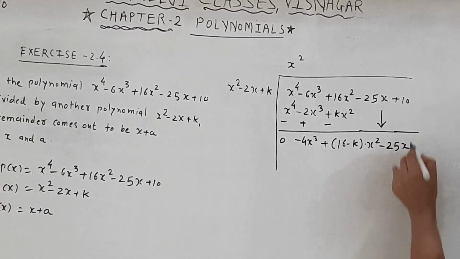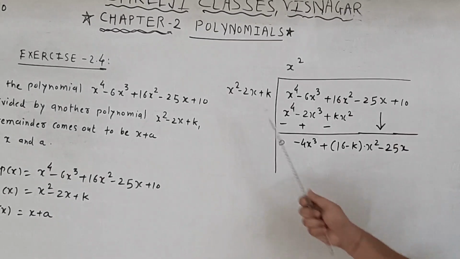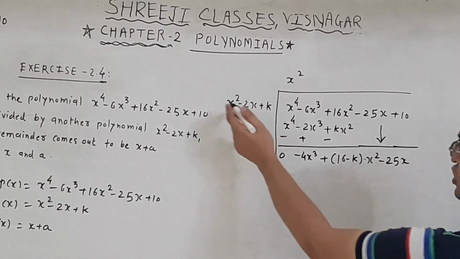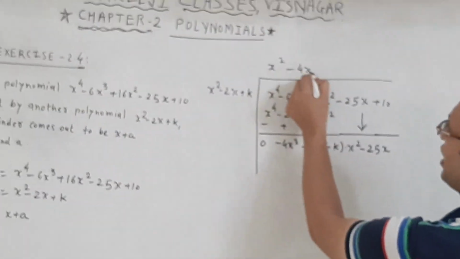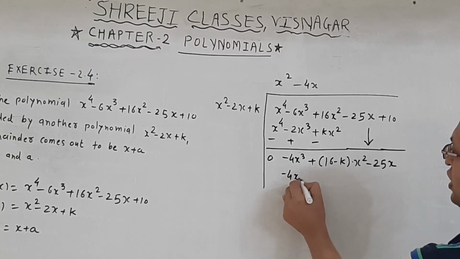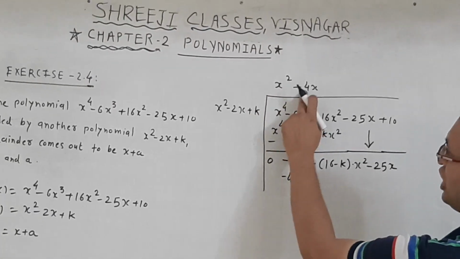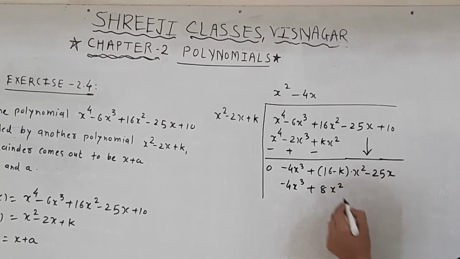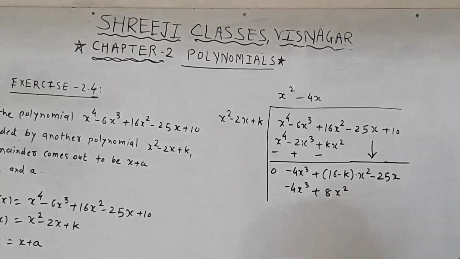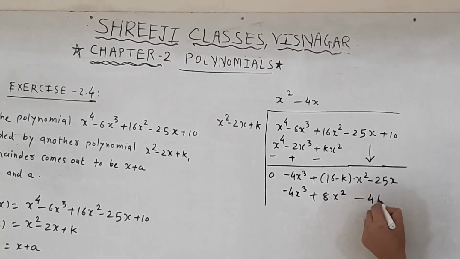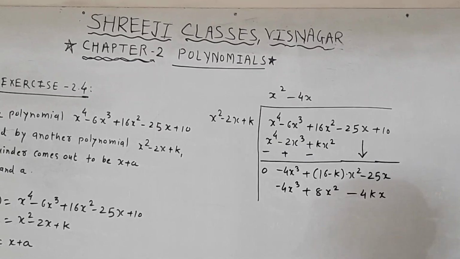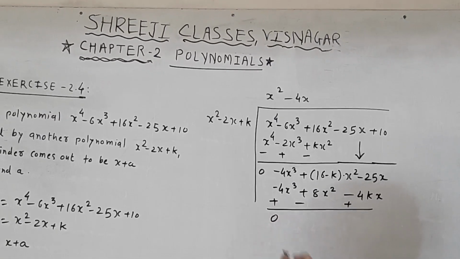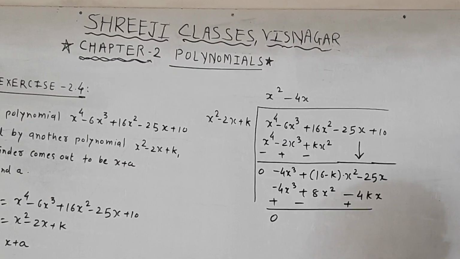Okay. See, next x square multiplied by minus 4x is equal to minus 4x cube. Therefore x square multiplied by minus 4x is minus 4x cube, minus 4x multiplied by minus 2x means positive 8x square, and k multiplied by minus 4x means minus 4kx. Again change the sign, positive, negative, positive. That term is 0. Here again x square is common.